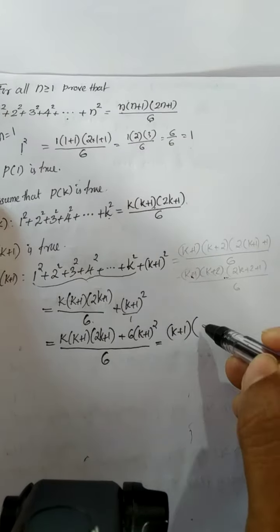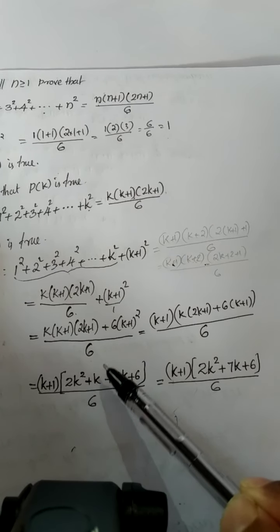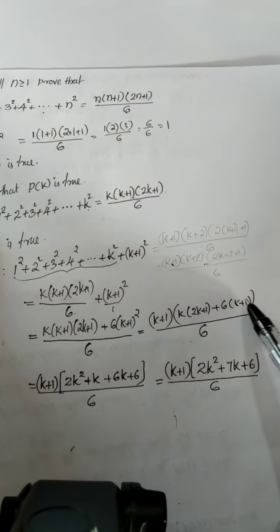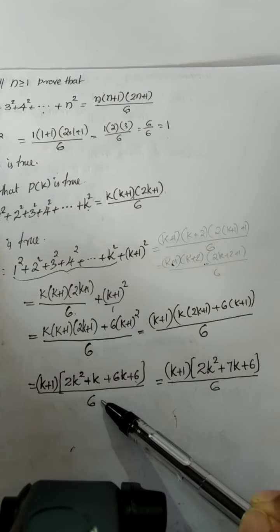So we will get k plus 1 outside and k into 2k plus 1. That means k into 2k is 2k square, plus k into 1 is k, plus 6 into k is 6k, plus 6 into 1 is 6, whole divided by 6.